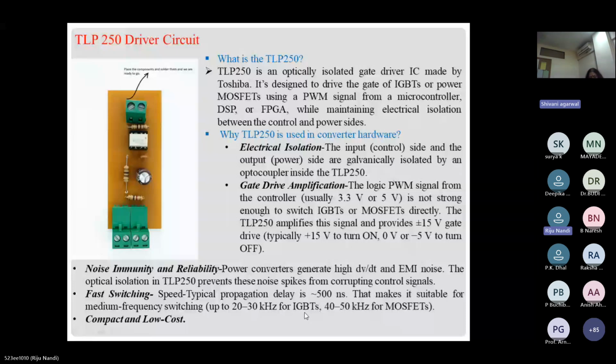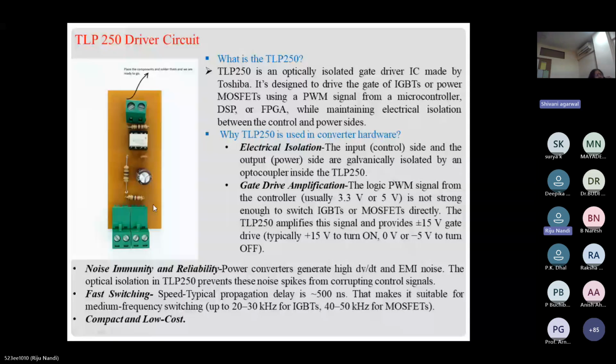So I have 20 to 30 kilohertz for IGBT and 40 to 50 kilohertz for MOSFET. But you can also use 50 kilohertz for IGBT, and 30 to 35 kilohertz for MOSFET. It is also compact and low cost, because we have made it in our lab. The price is very low and it is compact also.